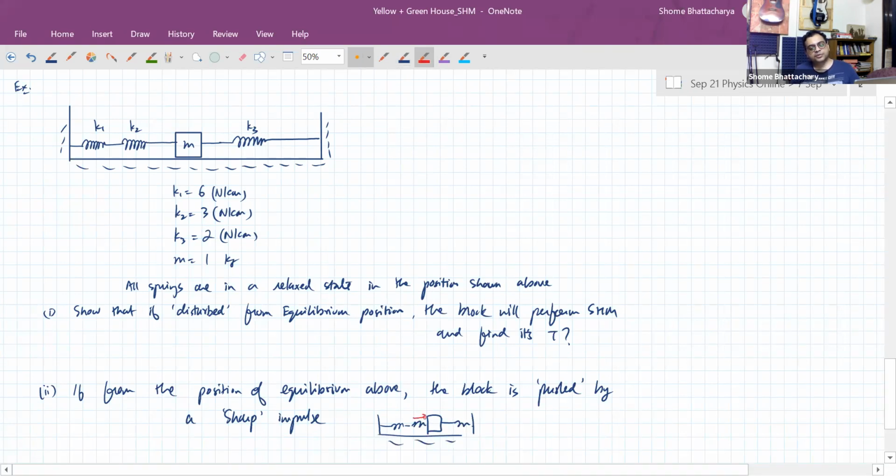We apply a sharp impulse in this direction of magnitude 0.2 Newton second, at t equal to 0. Find the amplitude and equation of SHM.